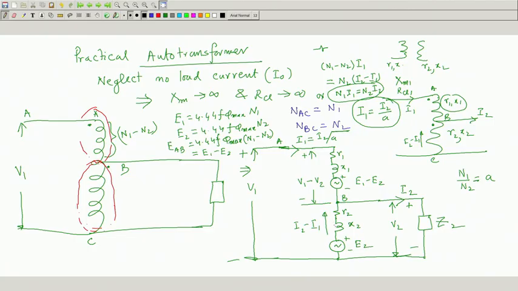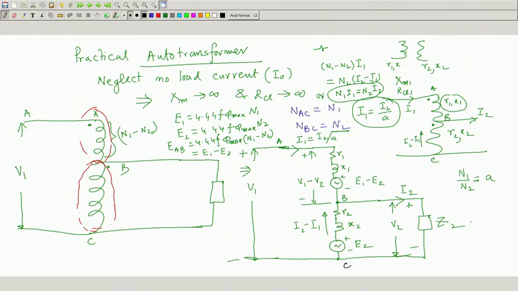These are two different coils. This part has a resistance R 1 and leakage reactance X 1, and similarly this part BC has resistance R 2 and X 2, and we know the current distribution, and Z 2 is the load.